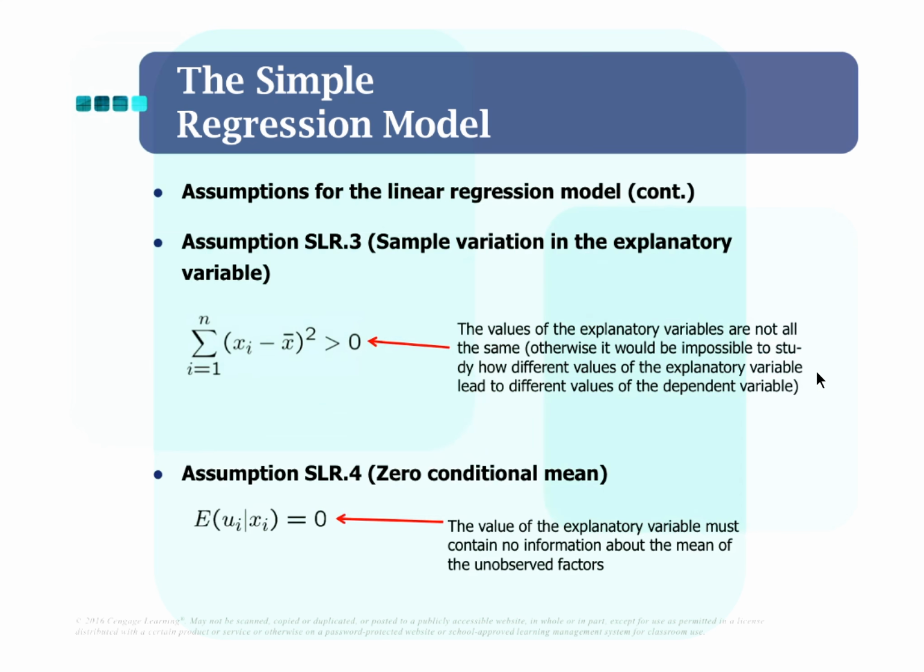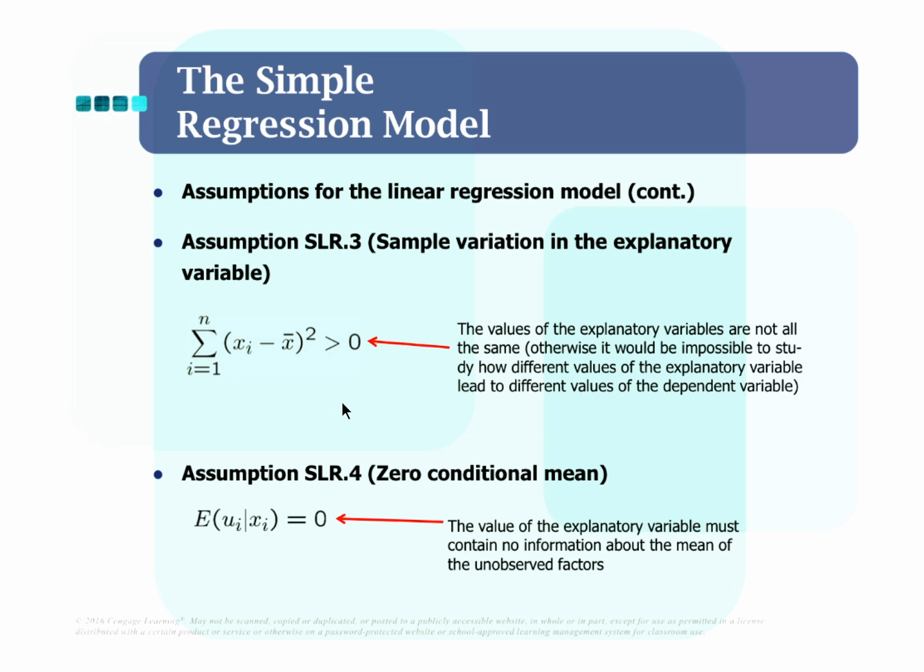The third assumption is that there is sample variation in the explanatory variables. What we require is that in the sample, the variance of x is greater than 0, or the total variation of x is greater than 0.